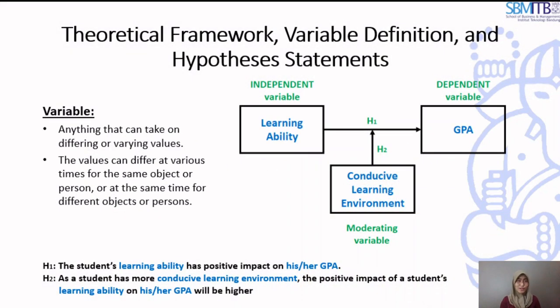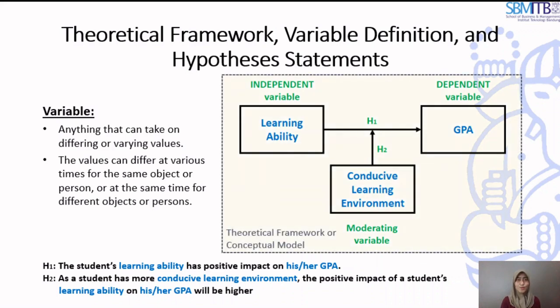Let's get back to the theoretical framework illustration of students' performance, where we have 3 variables and 2 hypotheses. A variable can be defined as anything that can take on differing or varying values, and the values can differ at various times for the same object or person, or at the same time for different objects or persons.